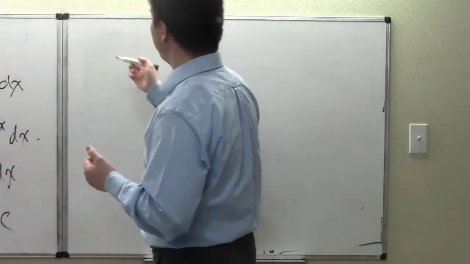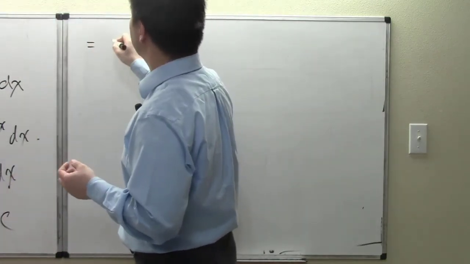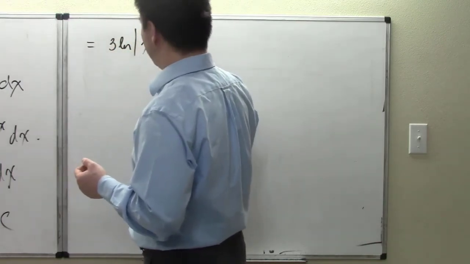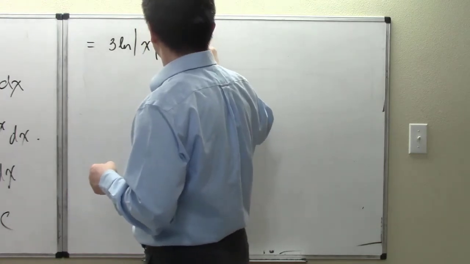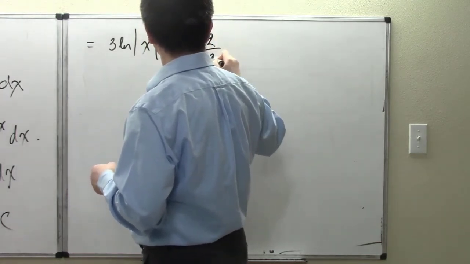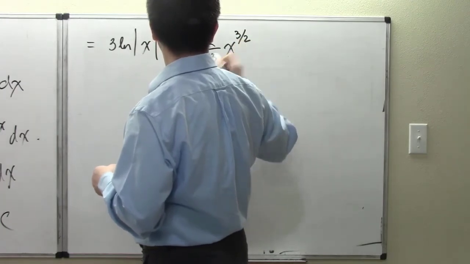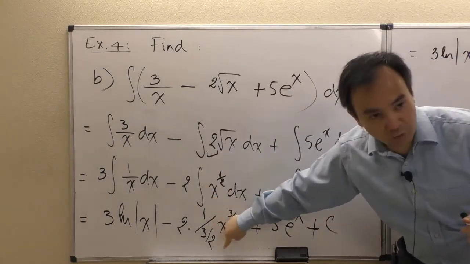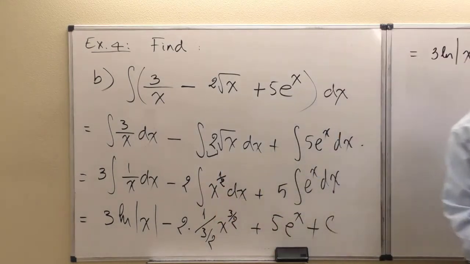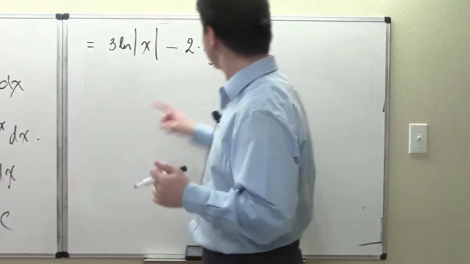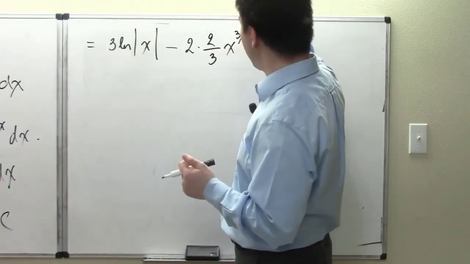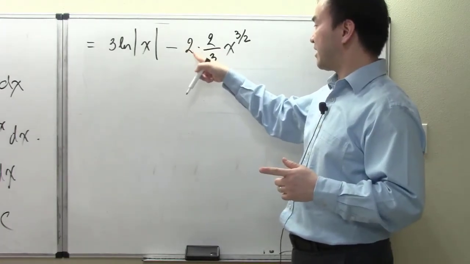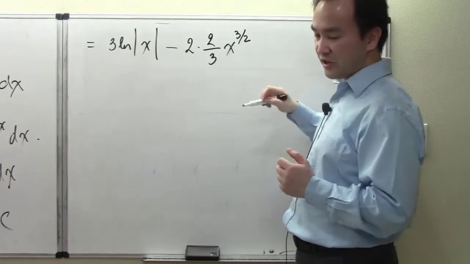And so now my first term is 3 natural log of absolute value x minus, so 2 times 2/3 x to the 3/2 power, because now again allow me to swing back on the other board. 1 over 3/2 is the same as 2/3, and of course the final power on that middle term is a 3/2 power, and then in the next step I am going to multiply these two coefficients together anyway.